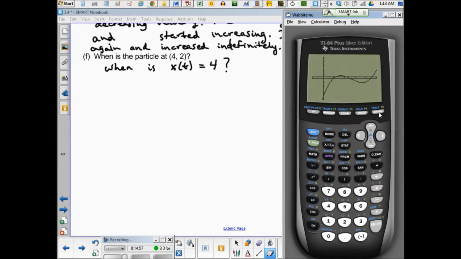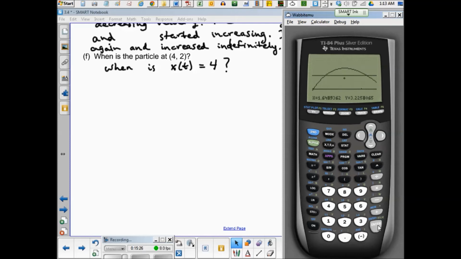To find those, we can simply use the zoom feature. I like the zoom box. I'm going to draw a box around this entire region, which creates an automatic window for that region.